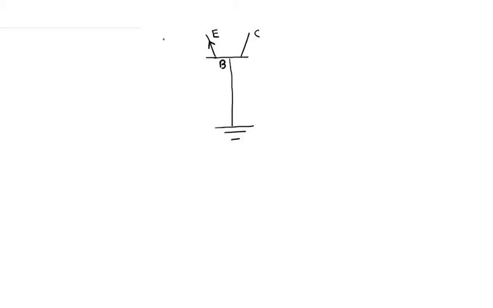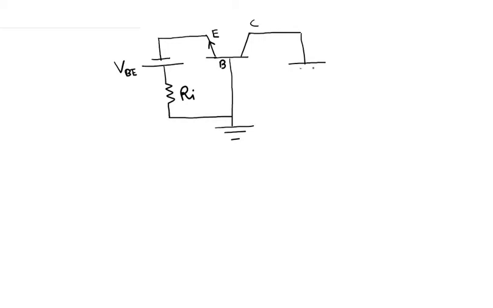So this base is connected to the emitter via a voltage source which we call VBE, and a resistor here, let us call this resistor Ri, and the base is also connected to the collector by another voltage source VCB, and another resistor here which we can call R0.